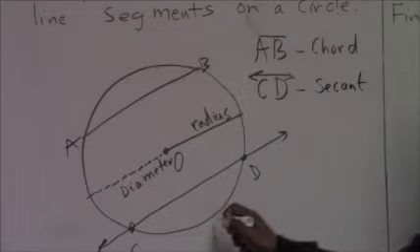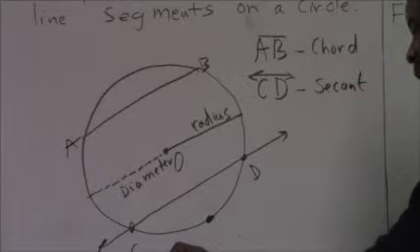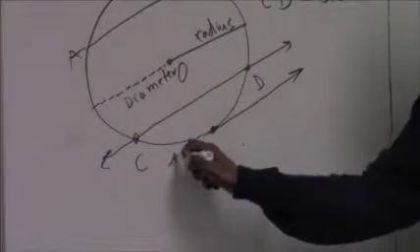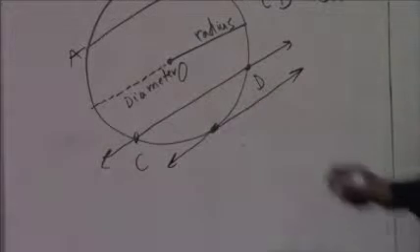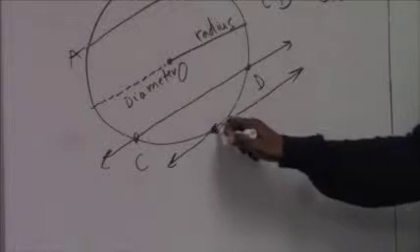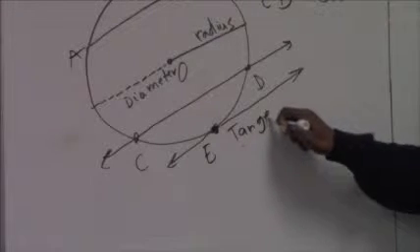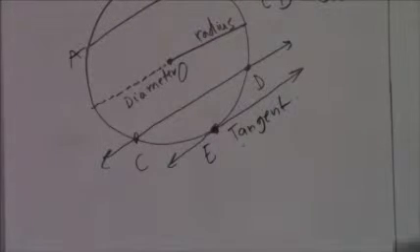Well, if I also draw another line which just skims the circle, touching the outside of the circle like this, right here, this is called a tangent. Let me call this point E. It's a tangent at E. So these are all components of a circle that are very important for us to know. Now, we are going to look at some different rules concerning the chord.